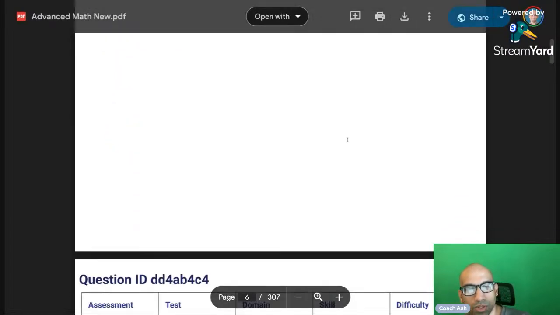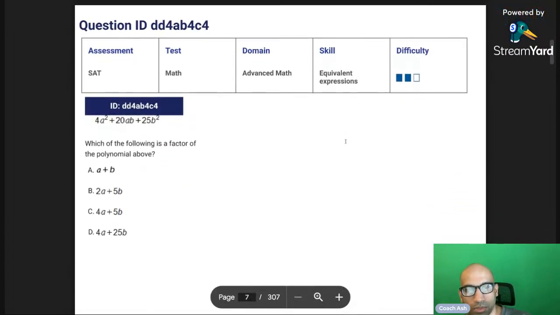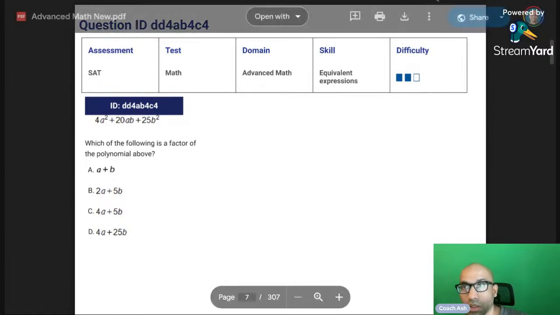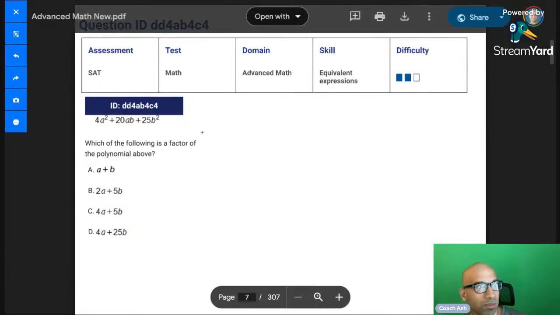Okay, let's move on to the next problem here. Now here's another shortcut to solve this particular problem: make this value 4a squared. Just remember this, 4a squared. Anytime you have three terms, you try to figure out the square root of 4. What is that?